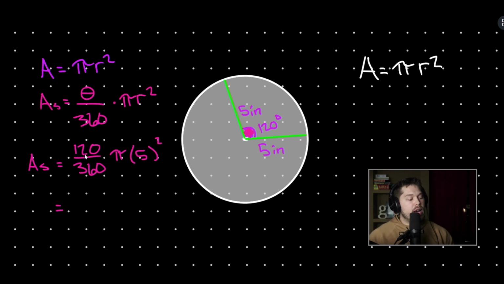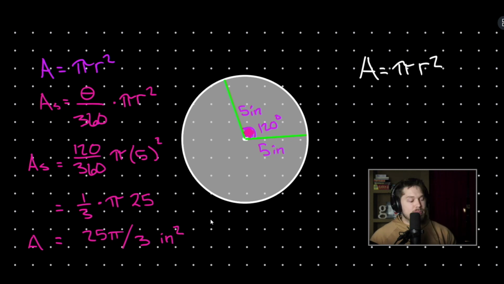We just multiply it out. 120 over 360 is 1/3. So we have 1/3 times pi times 25. Now we can put it all together to have 25 pi over 3 for our area. Again, if units are given, in this case inches, we're going to write our final answer as 25 pi over 3 inches squared. So there is how you find the area of both a circle and a sector of a circle.